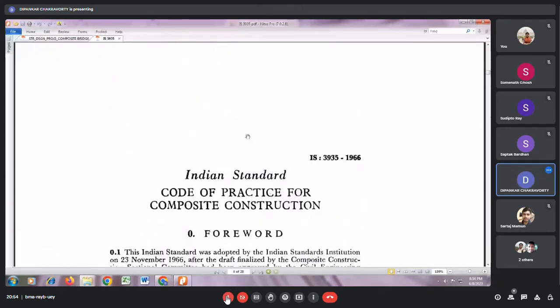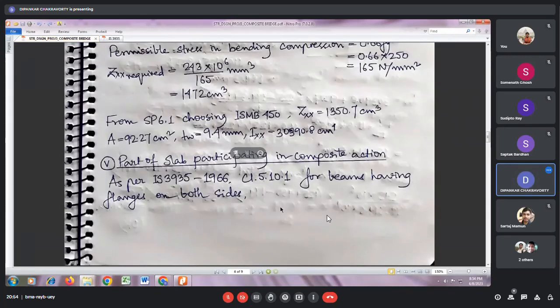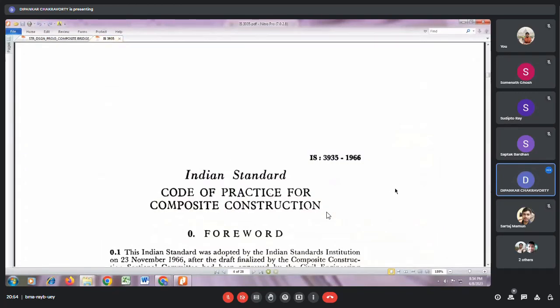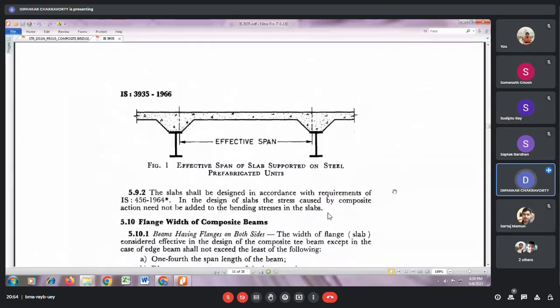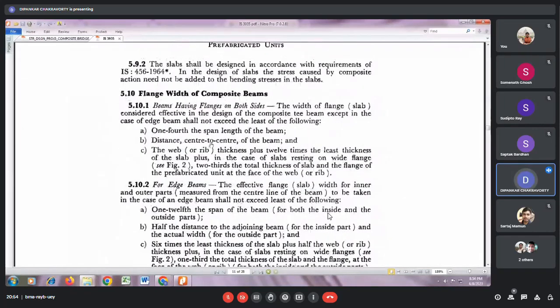So if you go to IS 3935 and go to clause 5.10.1, you will see that they have given the formulas for the effective width of the concrete deck, which will behave as a part of the composite section.